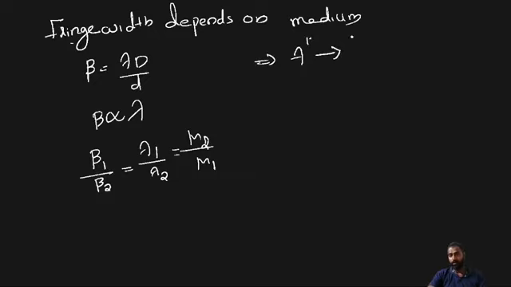So the new lambda will be lambda by mu. Hope it is clear. That is, it depends on the medium, and medium means refractive index.